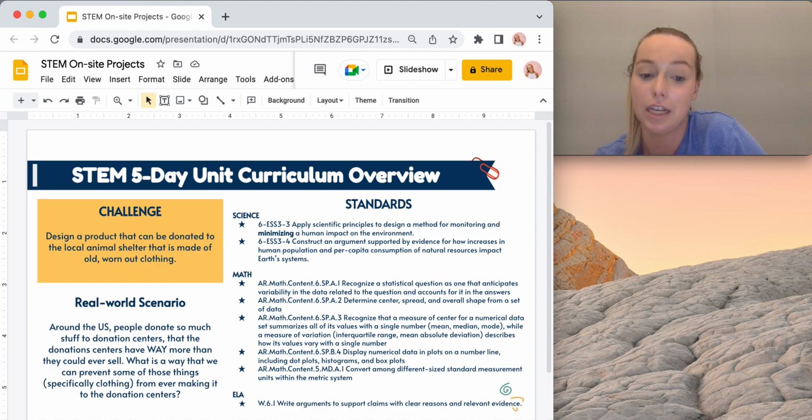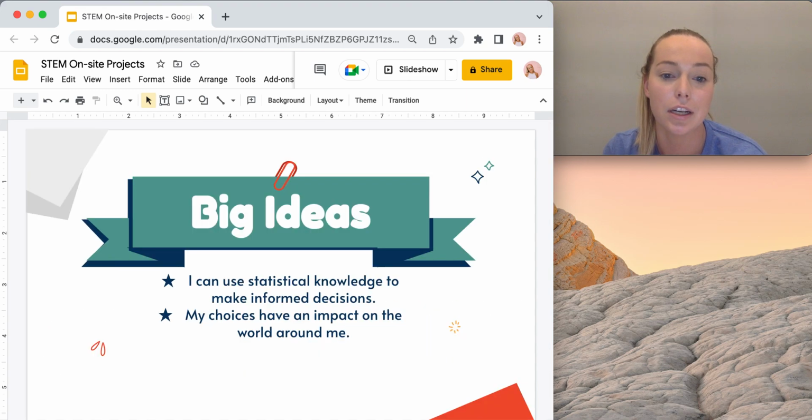But then we also did some measurement when we were making our products. And then at the end, they create things using more of ELA standards. So those are the standards that we're going to discuss.